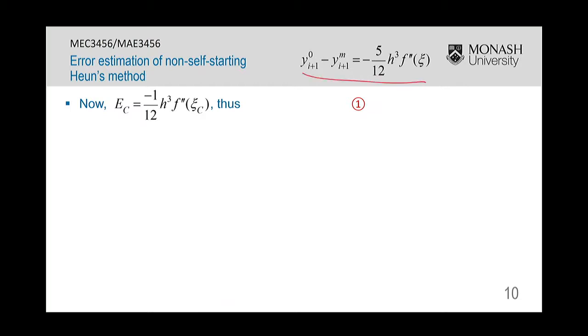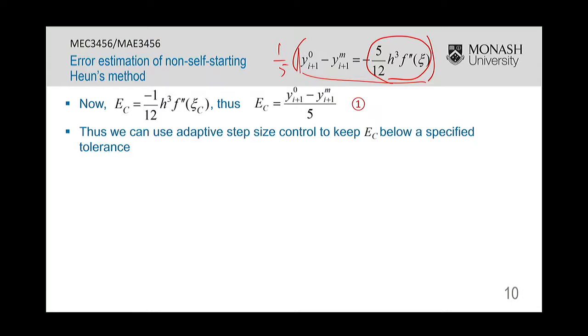Now, that's what we just wrote at the bottom down there. We know that the corrector error is equal to minus 1/12 h cubed f double dashed. Therefore, using this expression here and dividing it by 5, we can write that the corrector error is equal to 1/5 (y_{i+1}^0 minus y_{i+1}^m). So in other words, the error in the corrector is 1/5 the difference between the predictor and the corrector.